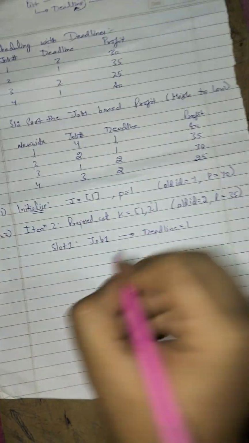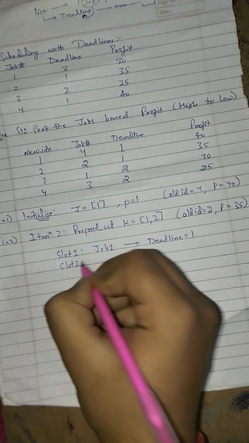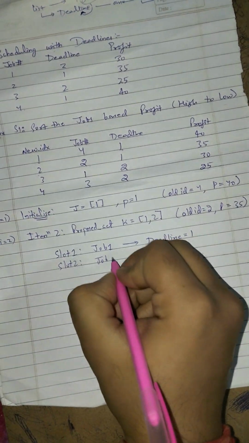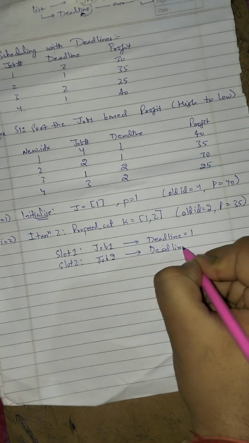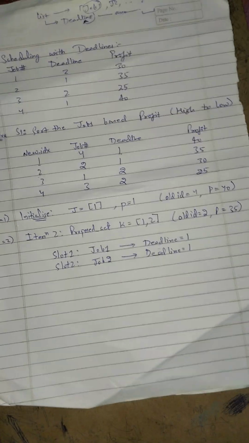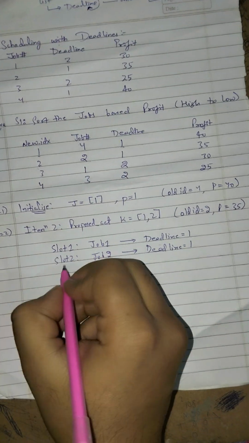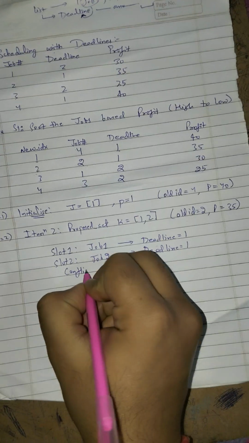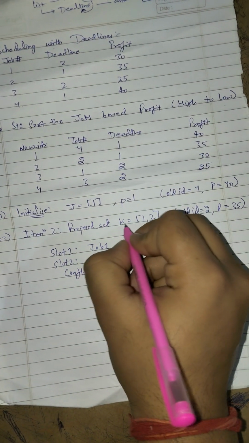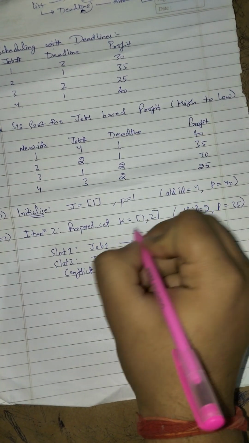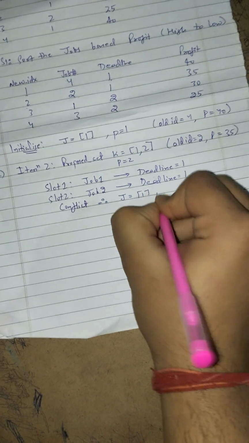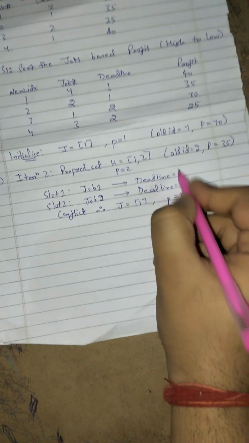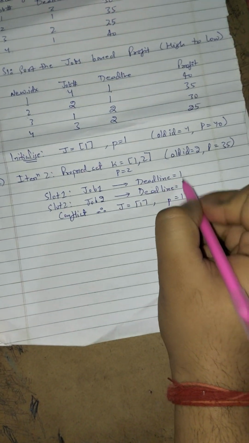Then we have slot 2, job 2, which also had deadline 1. So here we can see that there is a conflict. When the array size in k was 2, we write p equal to 2. As there is a conflict, j will remain as 1 and hence p will become 1, because in the same slot we cannot keep two jobs.